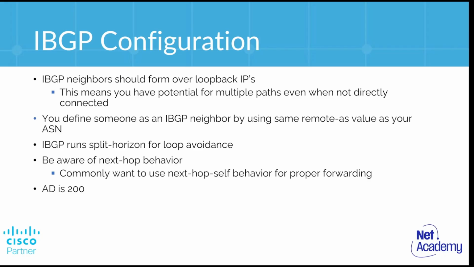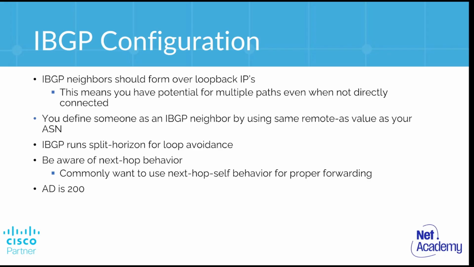Just recall that when we define an IBGP neighbor, all we're really doing is setting up a neighbor and utilizing the same remote AS value as what our ASN is, right? So if my ASN is 72,168, then the neighbor's ASN is 72,168, right? From a loop avoidance mechanism, IBGP runs split horizon. That might make kind of sense if you think about the fact that it's meant to run on top of an IGP.